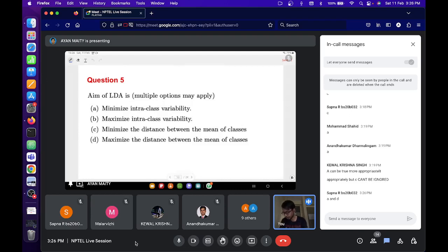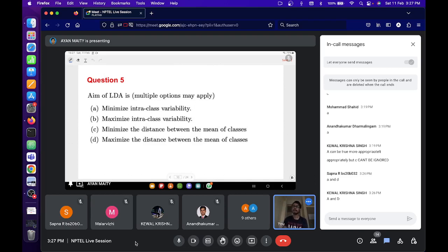So what is the actual objective in LDA? LDA can be used both for classification and also for feature reduction. We can use LDA for reducing the number of features as well, which is dimensionality reduction, and we can also use it for classification.